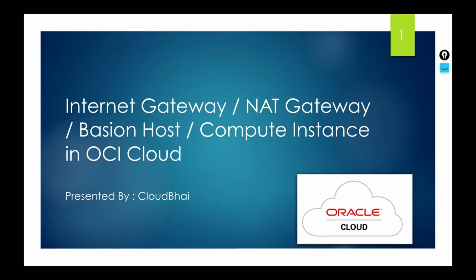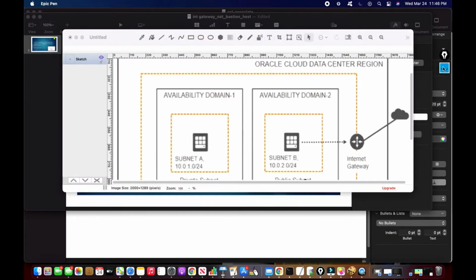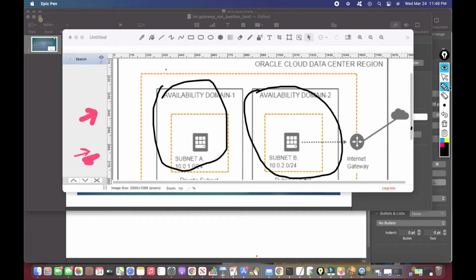Okay, so let's proceed. This was our setup. We have already created this public subnet, and also the private subnet.